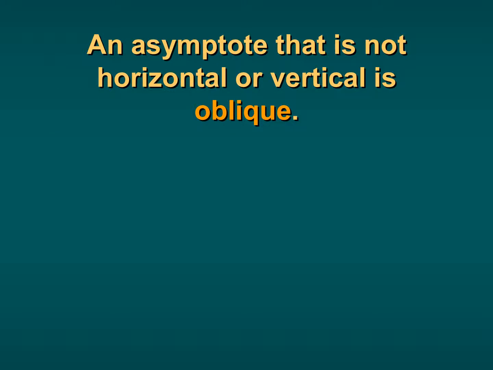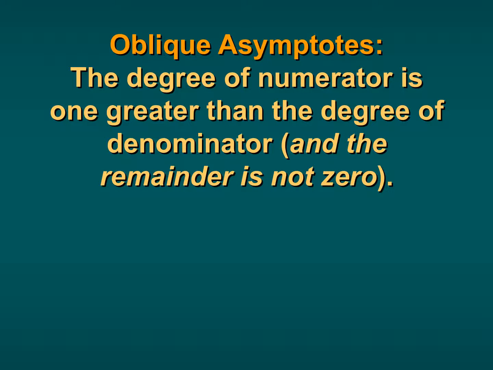An asymptote that is not horizontal or vertical is called an oblique asymptote. An oblique asymptote is actually going to be a line. An oblique asymptote happens when the degree of your numerator is bigger and the remainder is not 0. Because if the remainder is 0, that means you can actually reduce it and simplify.